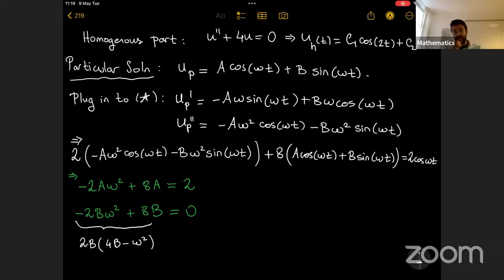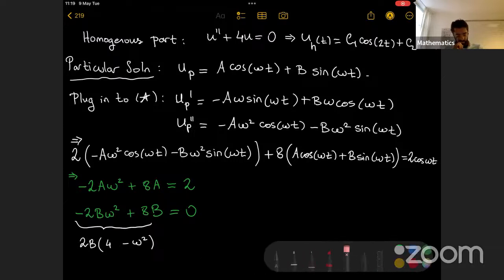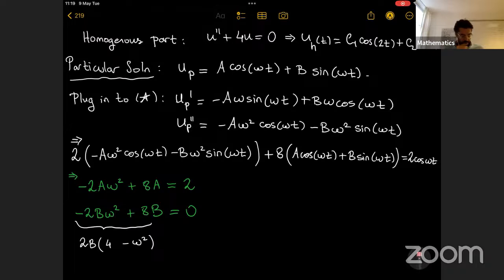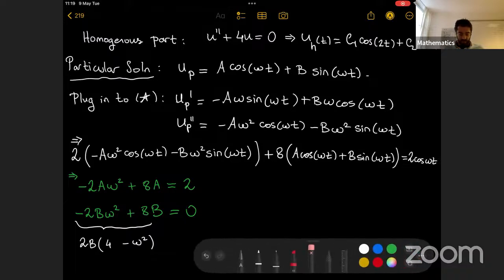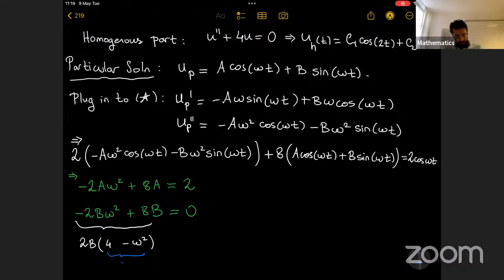Since w is not equal to 2, this part is never 0, since w is different from 2.